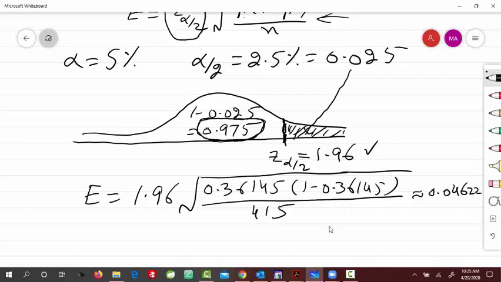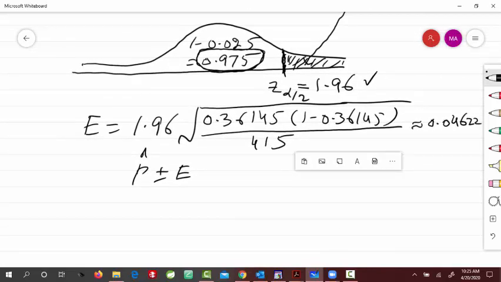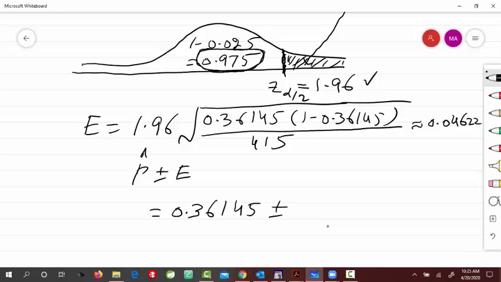This is the E value. So our confidence interval would be p hat plus minus E. That was our confidence interval, and p hat was 0.36145 plus minus 0.04622.